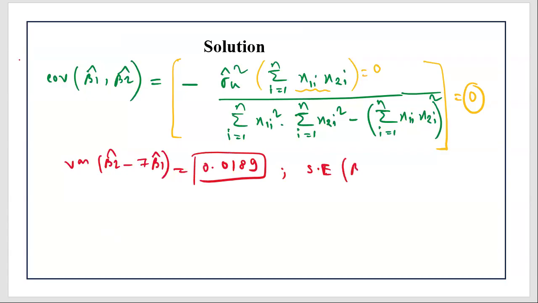So what is the standard error? Standard error is simply the square root of this term. So this will be 0.1375. Right? Now, if you have this, you can simply find out the statistic. The statistic will be T computed.